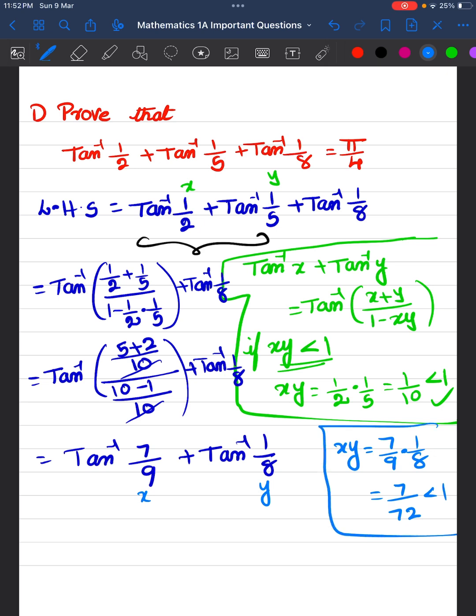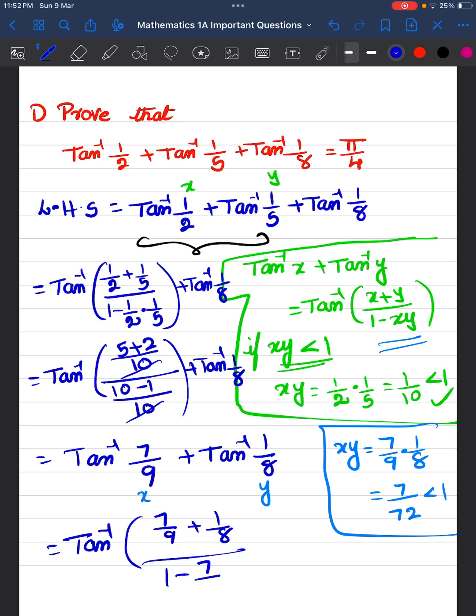So if xy is less than 1, surely we can apply the formula for tan inverse of (x plus y) by (1 minus xy). Again, if I apply the same formula, tan inverse of (7 by 9 plus 1 by 8) by (1 minus 7 by 9 into 1 by 8).